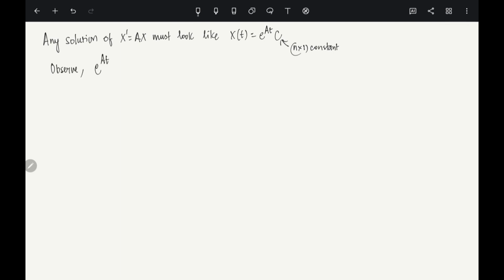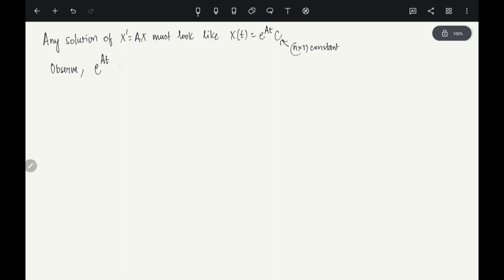Of course, if you can calculate the matrix exponential directly, that is fine. But most of the times, as you have seen, it is a little complicated to calculate. So the method of eigenvalues and eigenvectors is a better way of dealing with it.